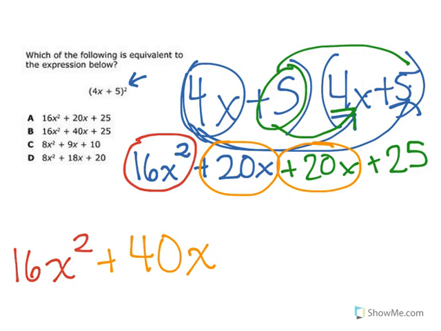And then 25 is all by its lonesome, so I'm just adding 25. And that is going to be answer choice B. So all this one did was add an extra step. It wasn't anything very difficult. You just have to make an extra step for it.